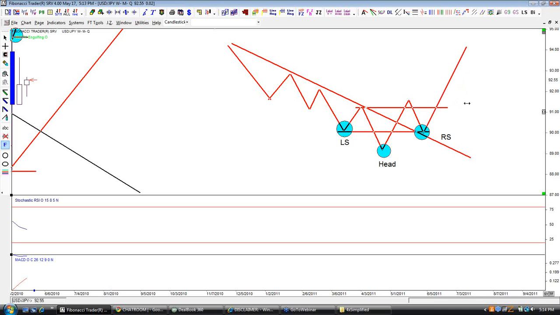Now the next group of traders, they like to see a break of the neckline. Here the line between the two highs is called the neckline.